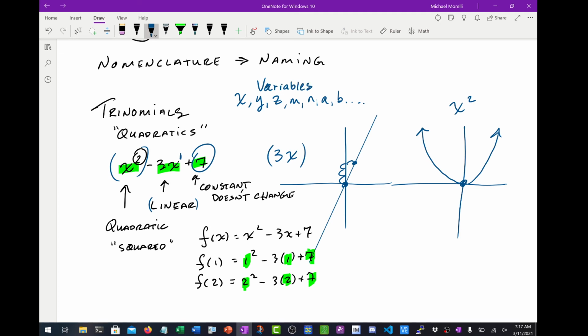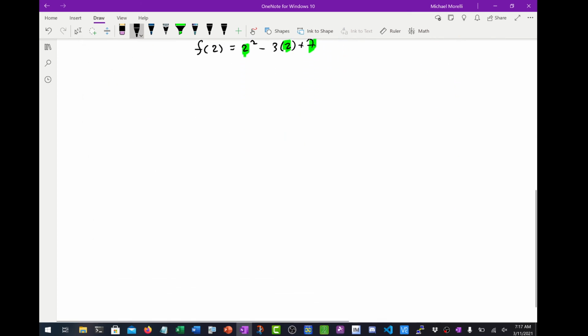All right? Now there's just one final term that we need to look at before we move on. And that's these numbers that appear sometimes in front of the letters. So here's another example. 3x squared minus 2x plus 4.